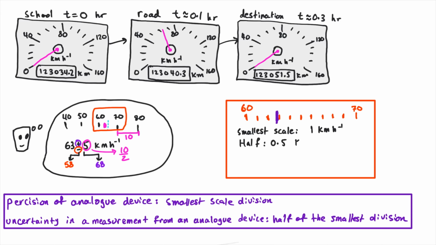This smallest division here would be 1 kilometer per hour, and half of that would be 0.5 kilometers per hour. Robo asks Mr. S if based on this logic the speed would be 62.9 plus or minus 0.5 kilometers per hour. Mr. S approves this logic with a happy smile.